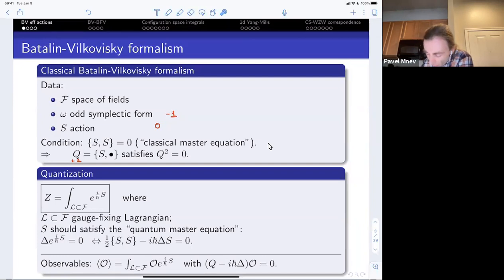So we want the integrand to be killed by this BV Laplacian, which is equivalent to a version of the master equation where we add to the Poisson bracket the term with delta of S. So provided that S satisfies the quantum master equation, this integral doesn't depend on a deformation of the gauge-fixing Lagrangian.